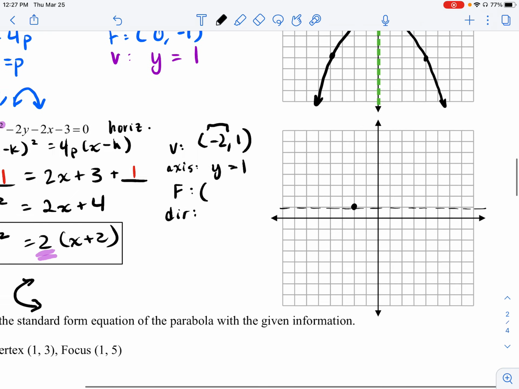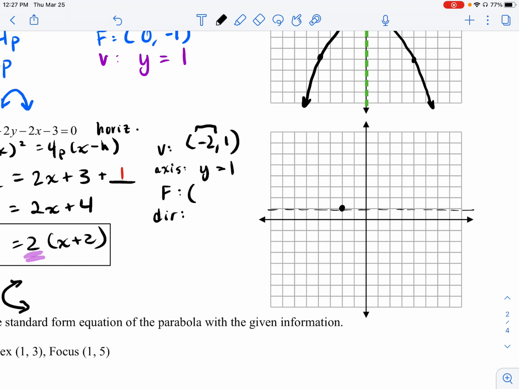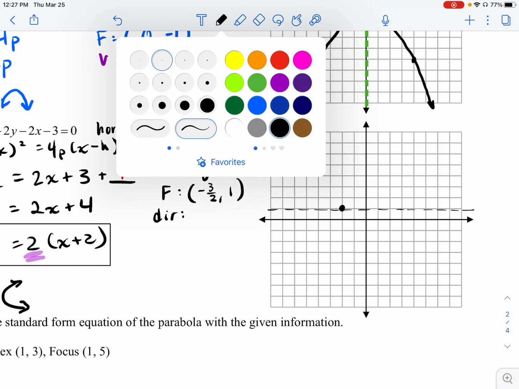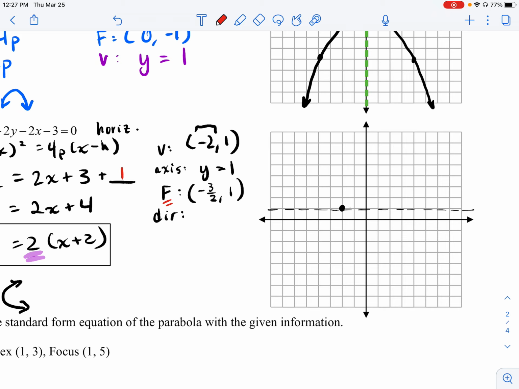So -2 plus 1/2 is going to be -3/2. And my y coordinate stays the same. So this might be a little bit tricky to see, so I'm going to just underline my focus. It would be right there, half a unit to the right of my vertex.